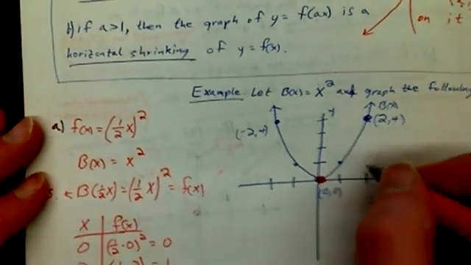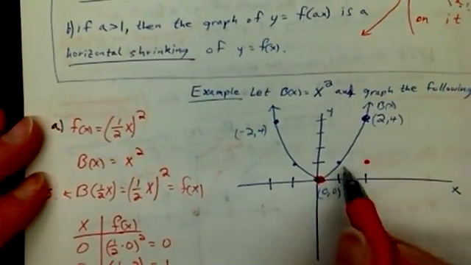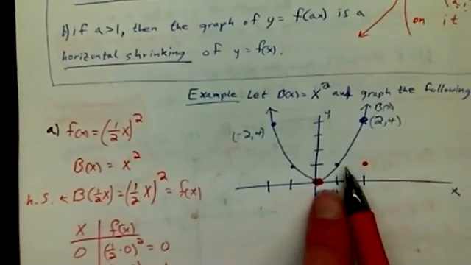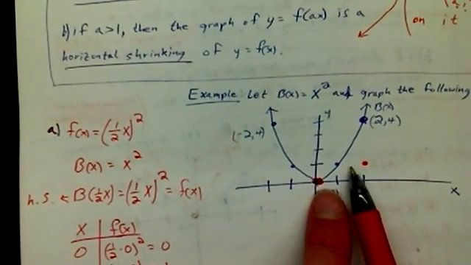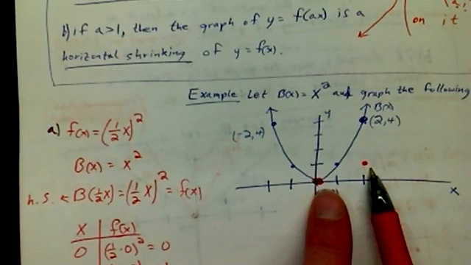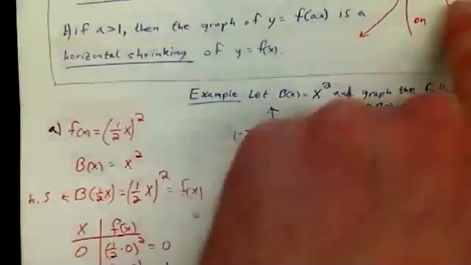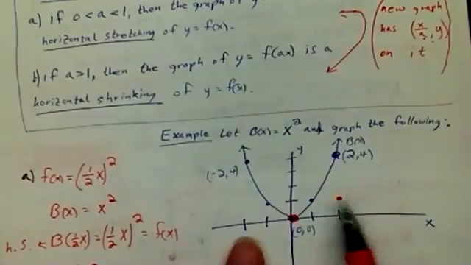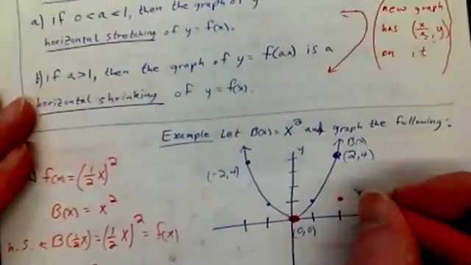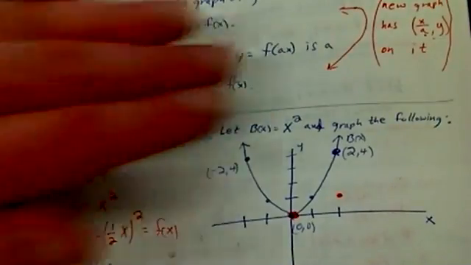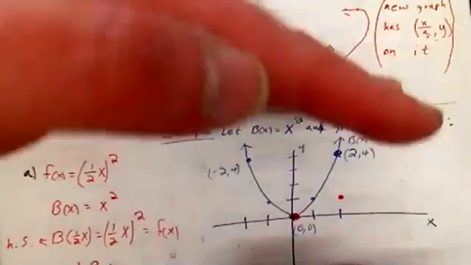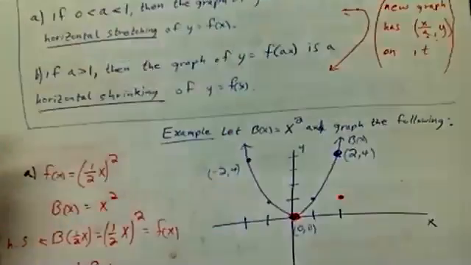So 2 comma 1. So see how this value right here, that was at 1, 1, stretched out by a factor of 2, right? Notice that the old value of 1 divided by 1/2, if we're looking here, is 2. So you can also think of this in a way as a vertical shrink. A horizontal stretch is kind of like a vertical shrink.